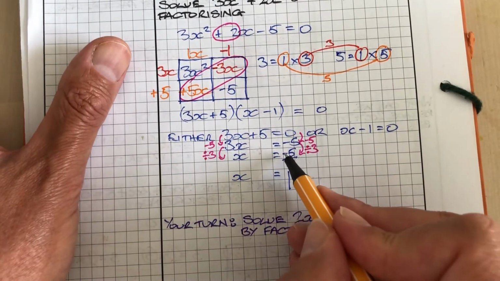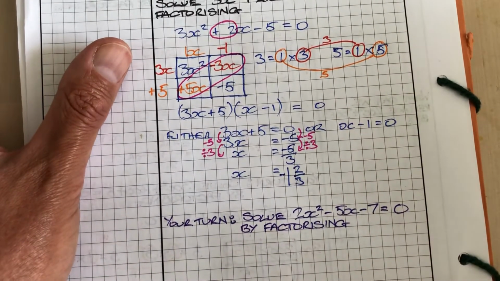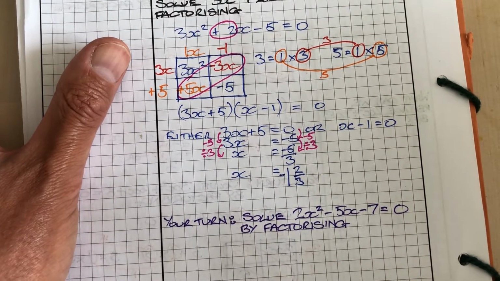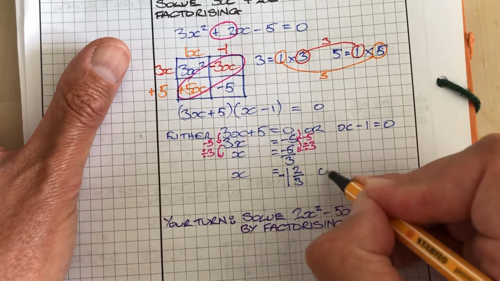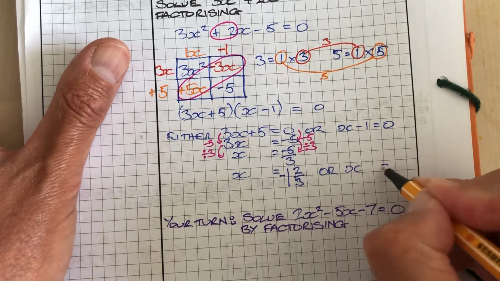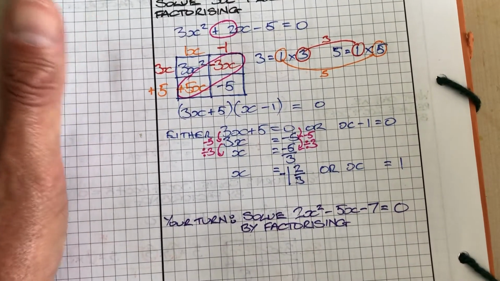Then remember, it's negative divided by positive, so the answer is negative. Or, a lot simpler, if x take away 1 is 0, x is 1. There you go.